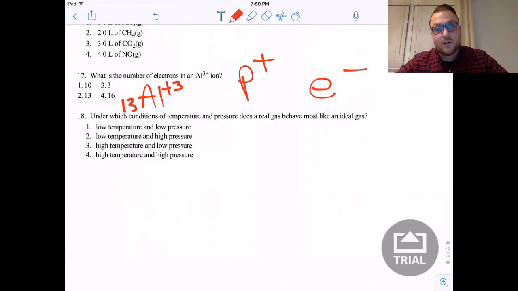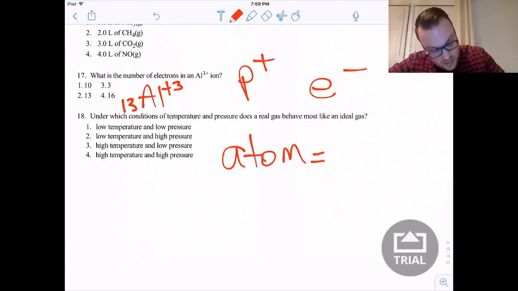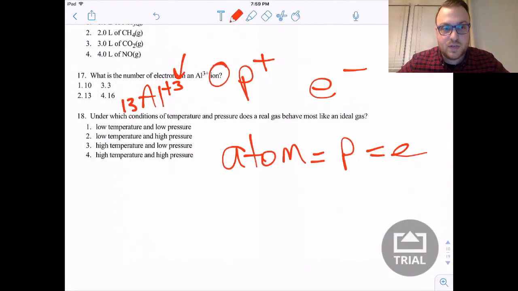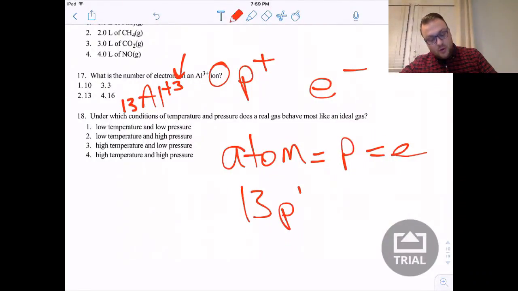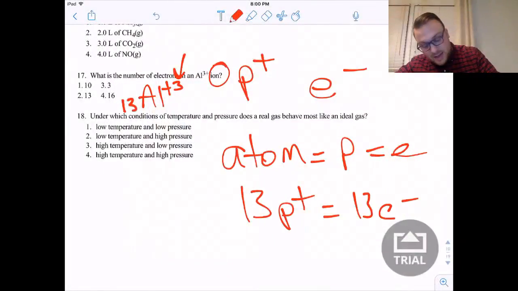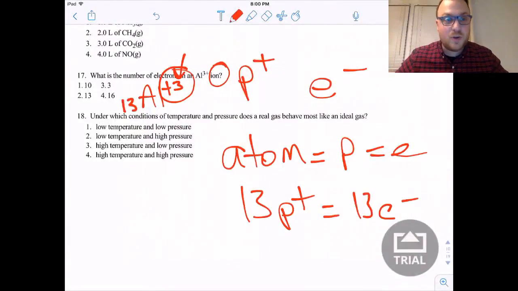So if this was an atom, we would say the protons equal the electrons. This is not an atom. Not only does it say it's an ion, but it gives you the charge. So we have 13 protons, 13 positives, which typically means you would have 13 negatives. But it says as a whole, you're charged +3. So you've lost 3 of something to make it positive.